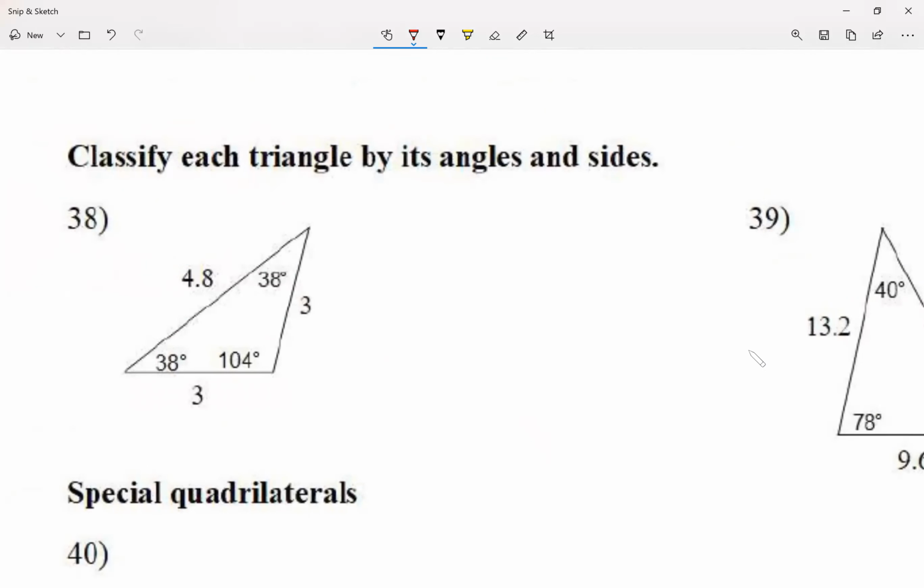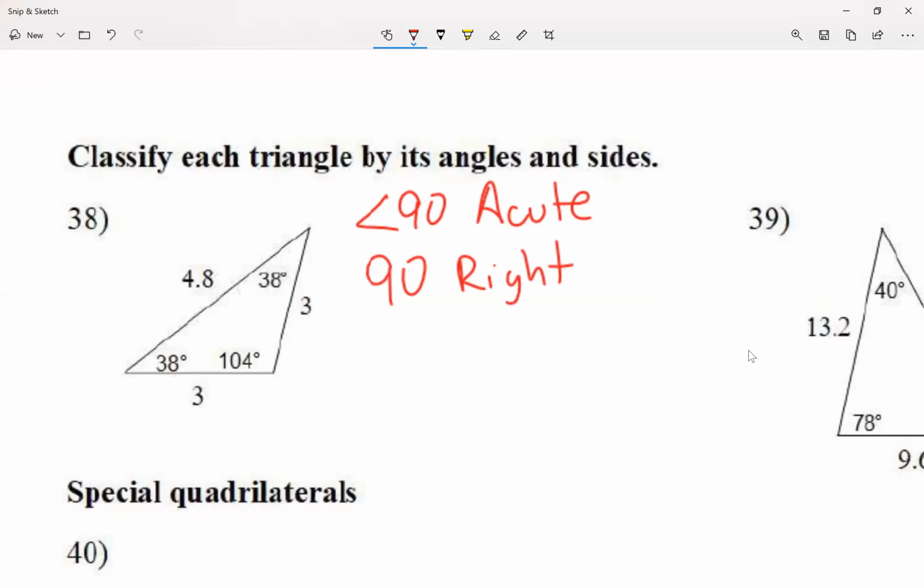If it's less than 90, anything that is less than 90, I'm going to call it acute. If it's 90, I'm going to call this right. If it's more than 90, but less than 180, we call this obtuse.